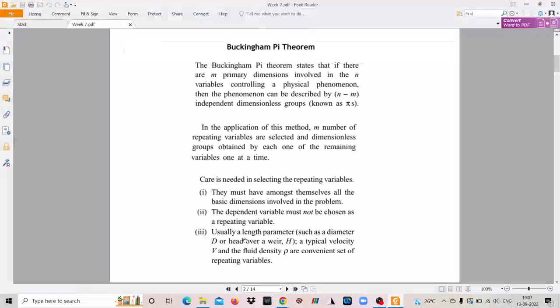Rule number 3: usually a length parameter such as diameter or head, a typical velocity parameter, and fluid density. If in a particular system there is a typical length parameter, a velocity parameter and a density parameter, then these three can be chosen as a suitable combination of repeating variables.